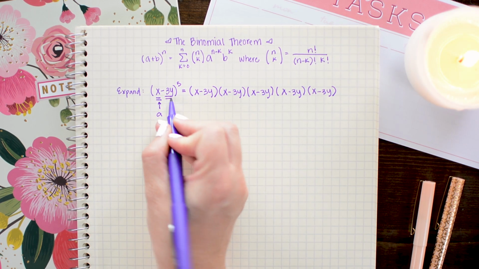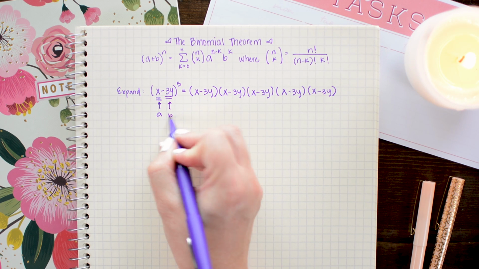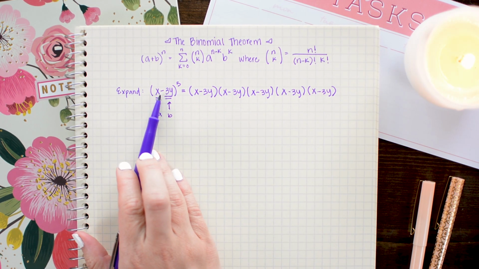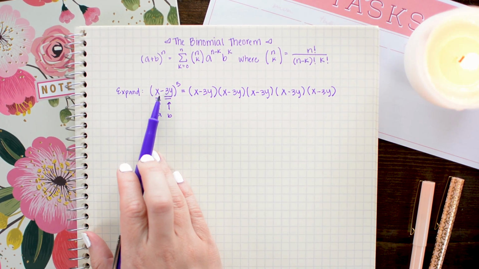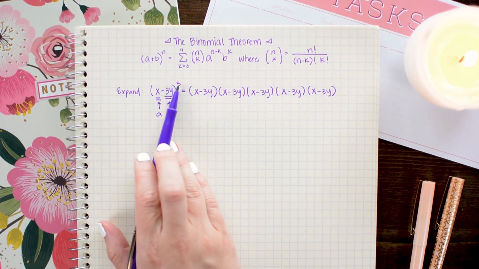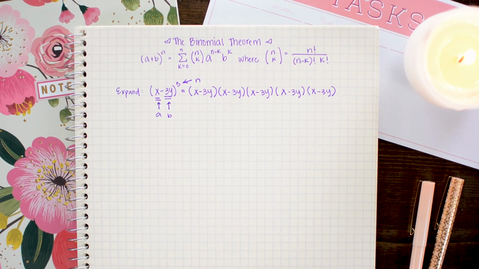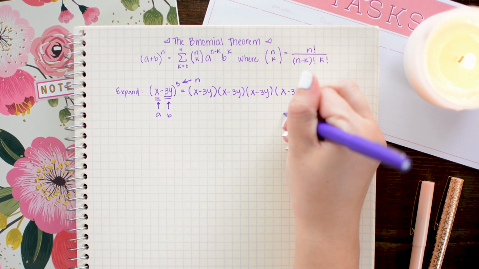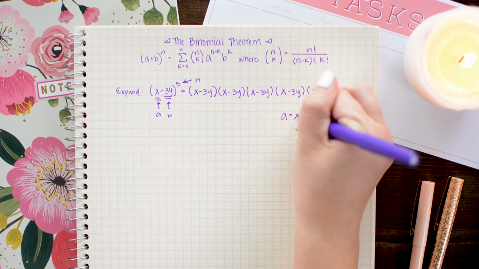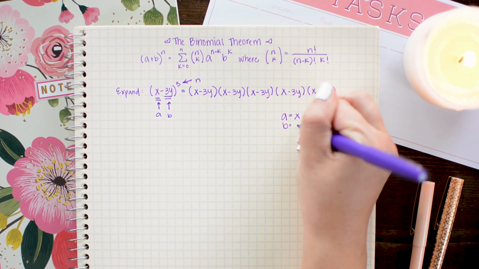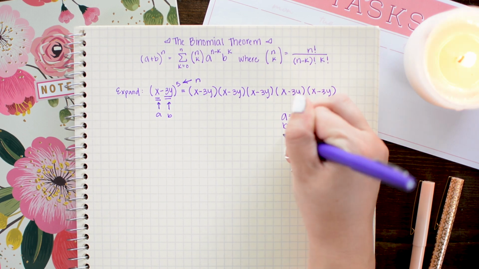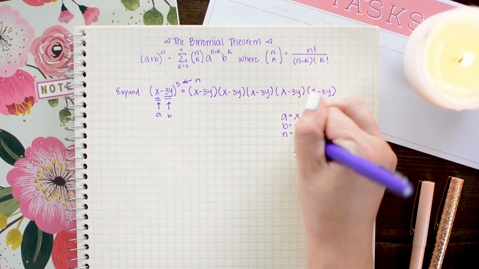And it's important that you take that negative sign along with you when you do this expansion. The third thing I want to look for is the power, the n. In this case, my n is 5. So what we've found is that a equals x, b equals negative 3y, n equals 5.